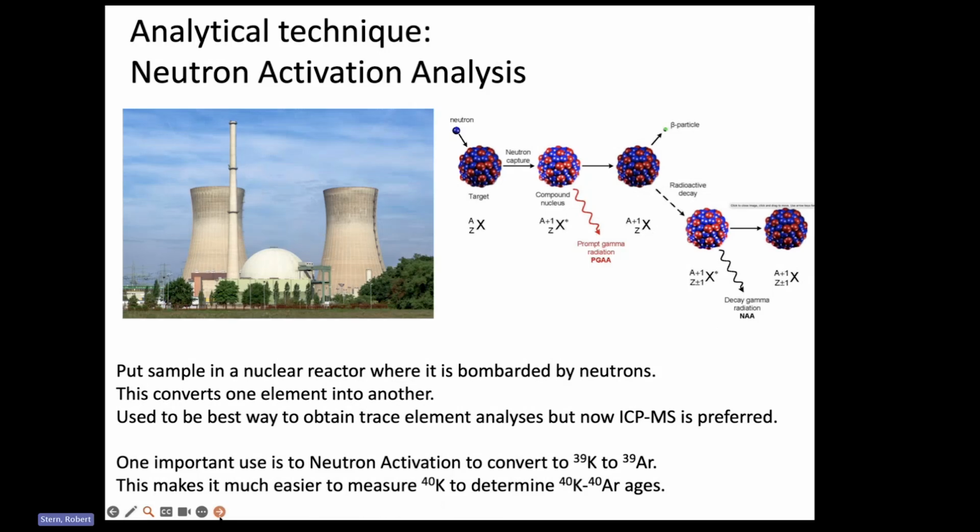Now, another approach. We were talking about rubidium-strontium. Let's talk about potassium-argon and argon dating. This requires a slight diversion, the reasons of which will become apparent shortly.